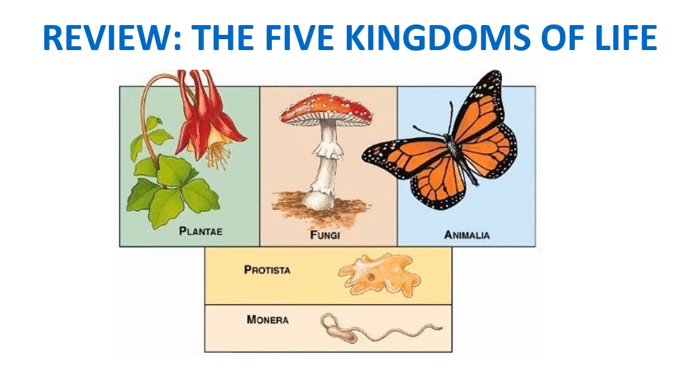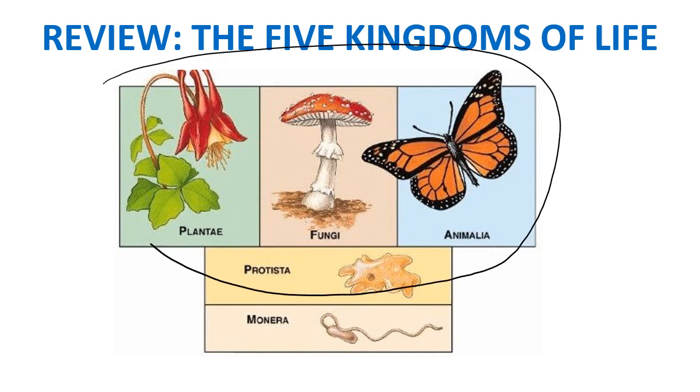If you can't remember prokaryotes and eukaryotes, here's a quick review. If we're thinking of the 5 kingdoms, the eukaryotes are everything except for the bacteria. So it's the animals, the plants, the fungi, and the protists. Remember, we're the ones with more complicated cells.